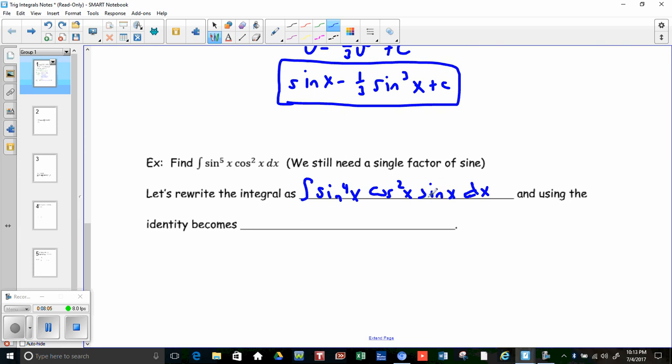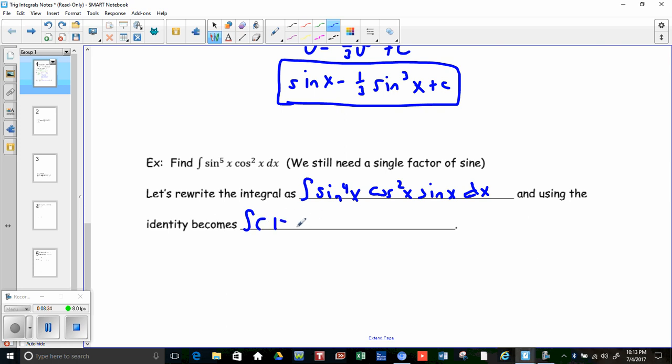And using the identity, we can change this sine to the fourth to be sine squared squared. If we think of this as sine squared squared, which is the same as sine to the fourth, we can change that sine squared using the identity that sine squared is 1 minus cosine squared.